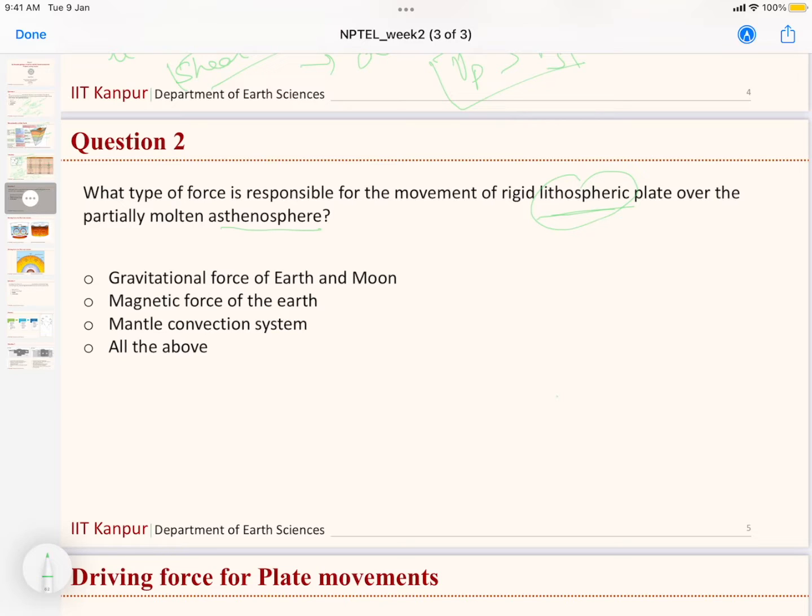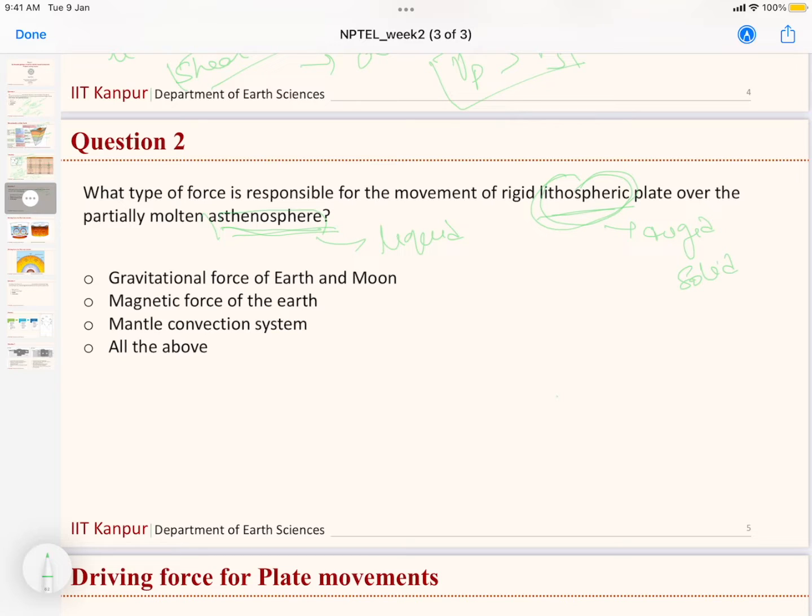The plate consists of the lithosphere, which is a rigid solid slab, and the asthenosphere is present just below the lithosphere, because to make this movement happen you need some liquid-like material so that the plate can float over it, otherwise the motion would be very difficult. So this asthenosphere is in the liquid phase, and the lithosphere, which we call a tectonic plate, is the rigid or solid part.